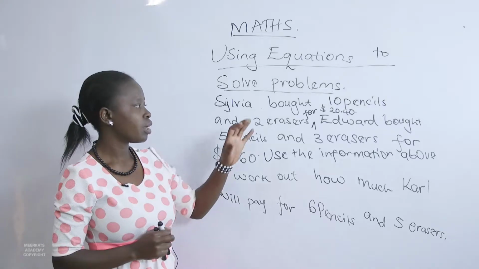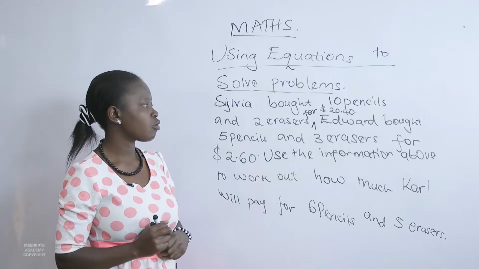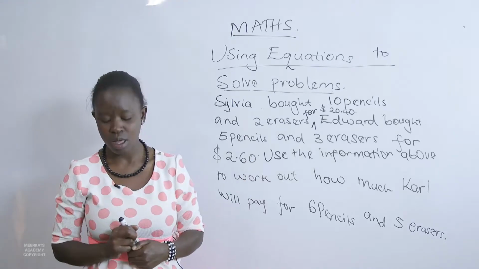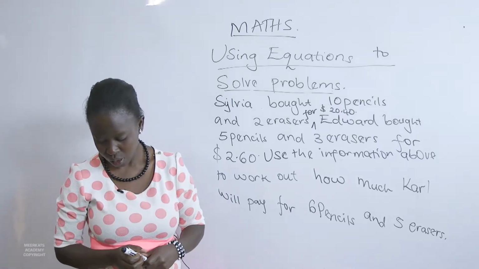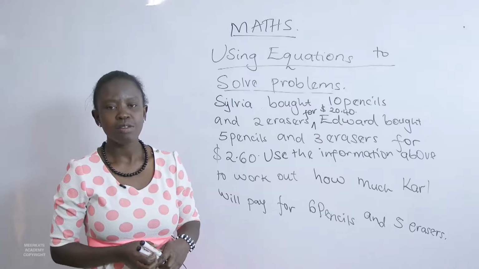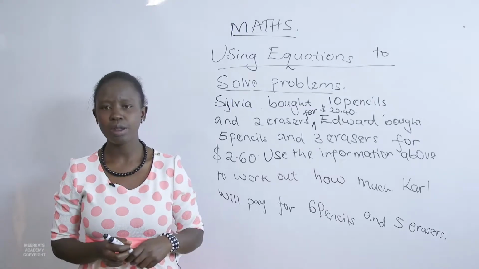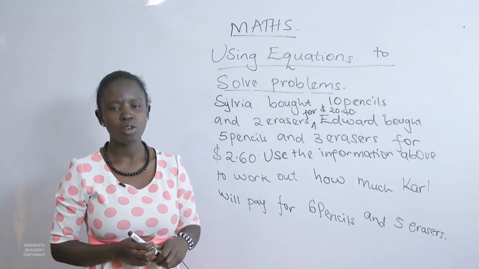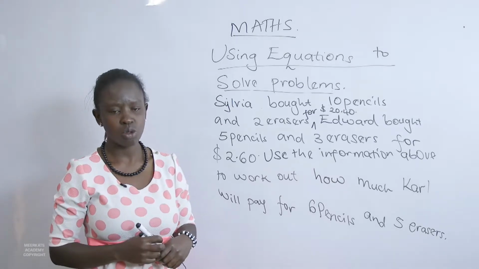Which steps are we supposed to follow in order to solve the given problem? The first step, we are required to define the pronumeral to be used in a given situation.